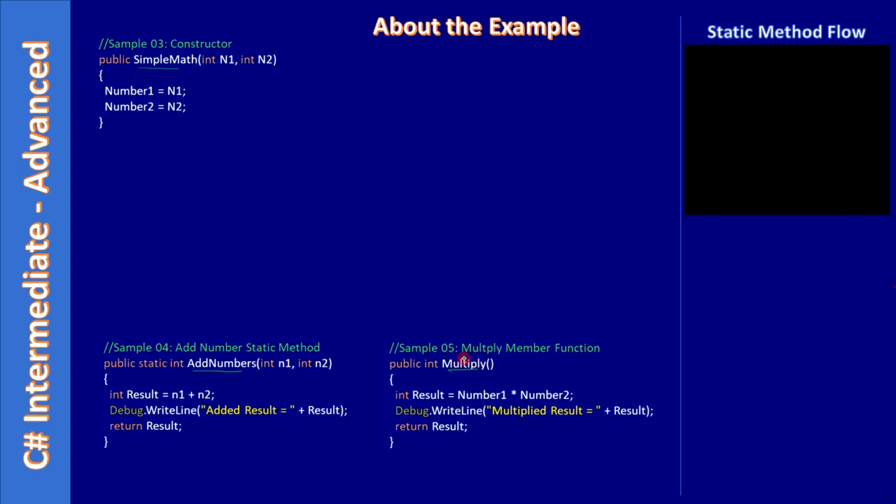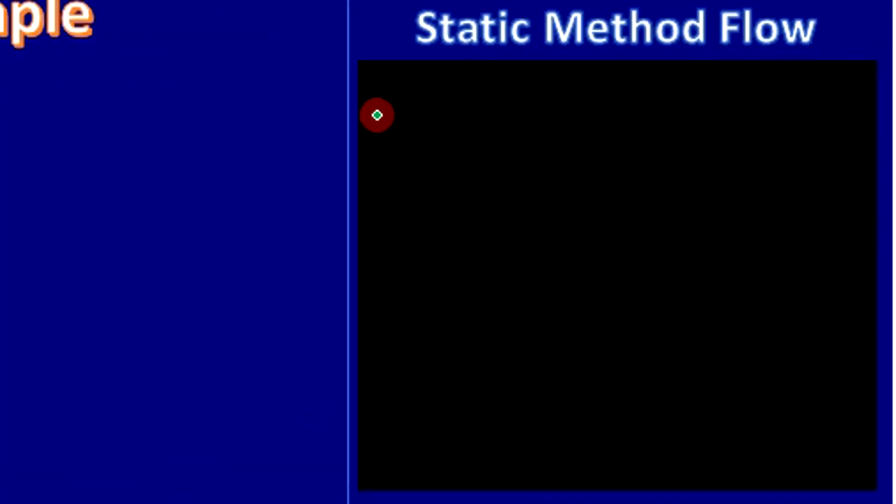Now the flow will go like this. Static method, if you see, this is the static method. In both flows, static method or member method, since we are discussing the static method here, first you have to load the DLL project. The DLL name is delay load. So first you have to load the DLL at runtime.